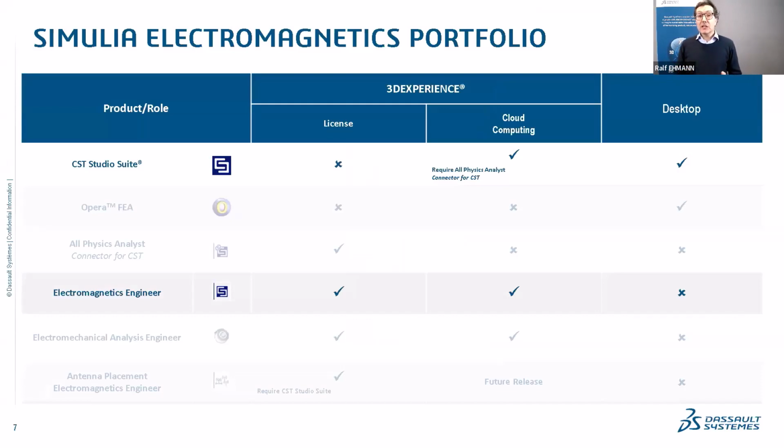I think the large majority of our customer base is still focusing on the desktop version of CST Studio Suite. But we have introduced a set of enhancements, like, for example, we acquired Opera a few years ago for low frequency applications. And we have started introducing new roles to leverage the 3DEXPERIENCE platform.